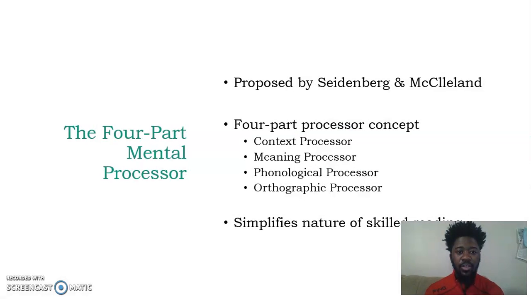The next theoretical model we have here is the four-part mental processor. It is broken down into four parts: the context processor, the meaning processor, phonological, and orthographic. This model was developed before functional brain activity showed where mental activities took place during reading.